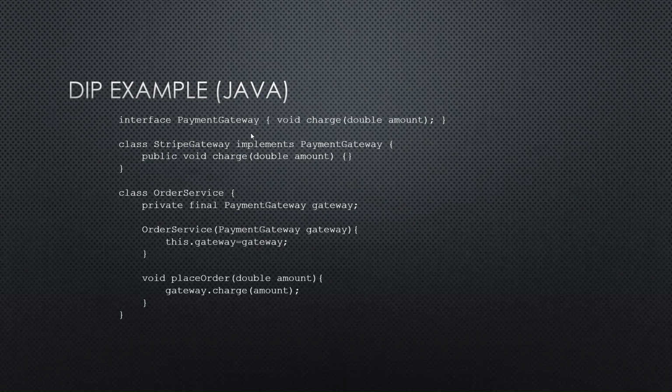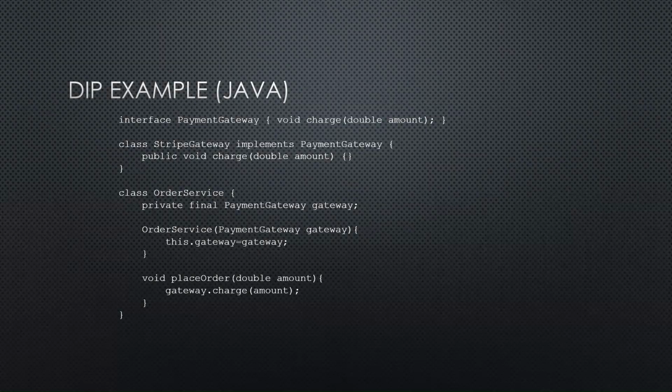So the concrete implementations come when you have a class that extends this interface. And when you extend an interface, you're bound by contract to implement their methods. So they're going to implement the charge method, but they can do it in their own way. They can add their own implementation. That's where the abstraction comes from.